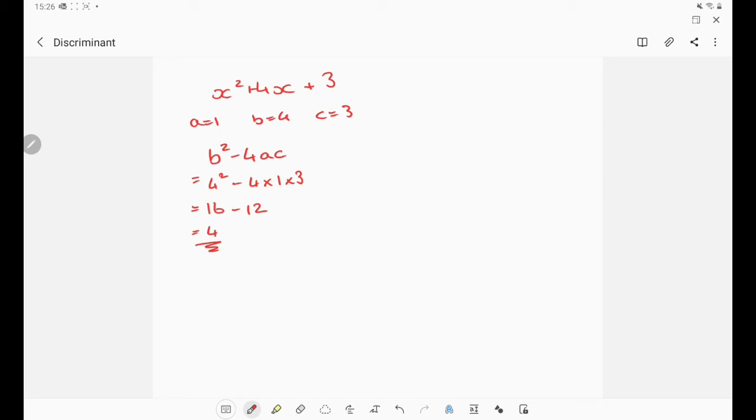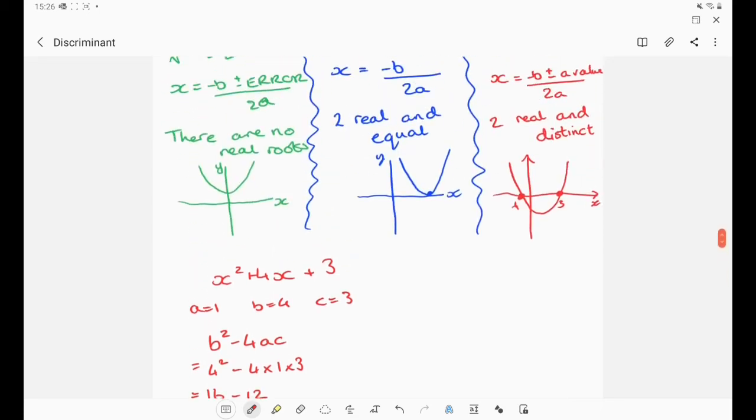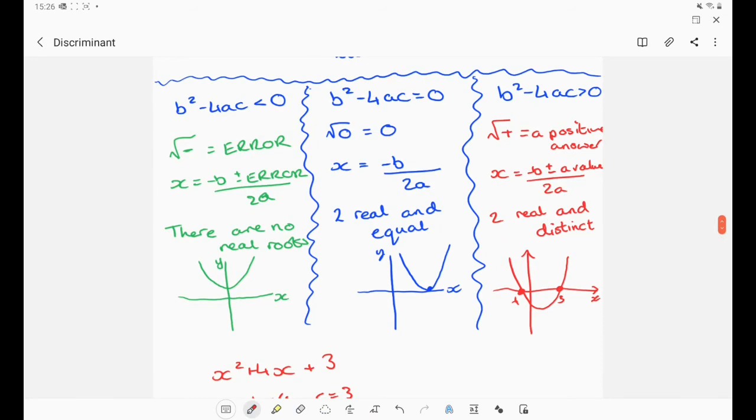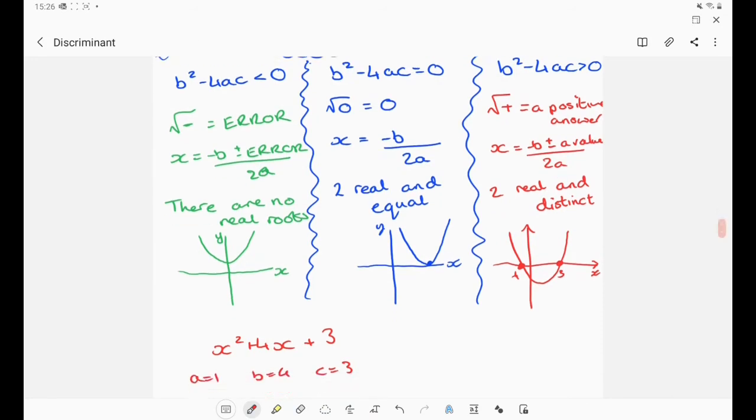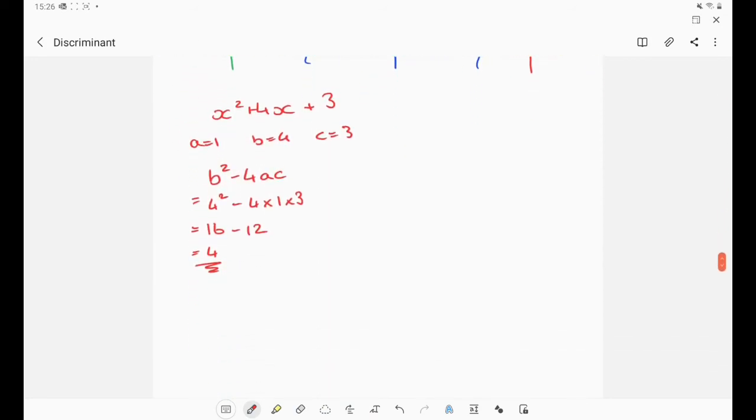Now you have processed and calculated the value of the discriminant. What you need to do from here is write a sentence to show that you actually understand what that 4 means. So 4 is positive, which means we have 2 real and distinct roots.